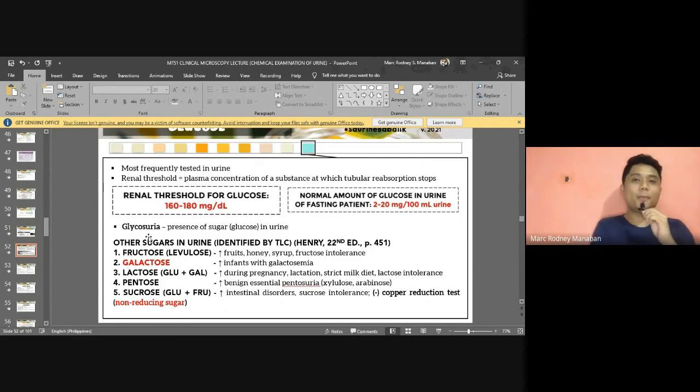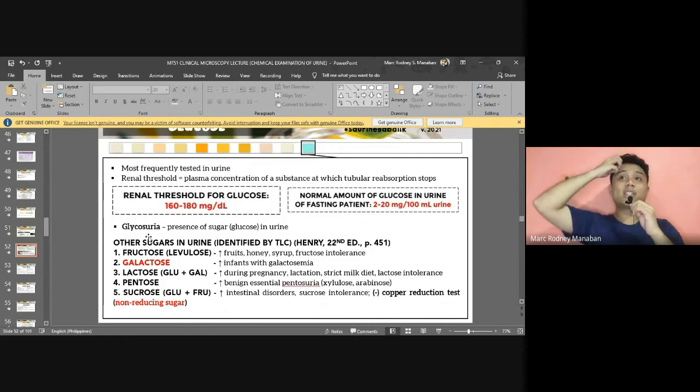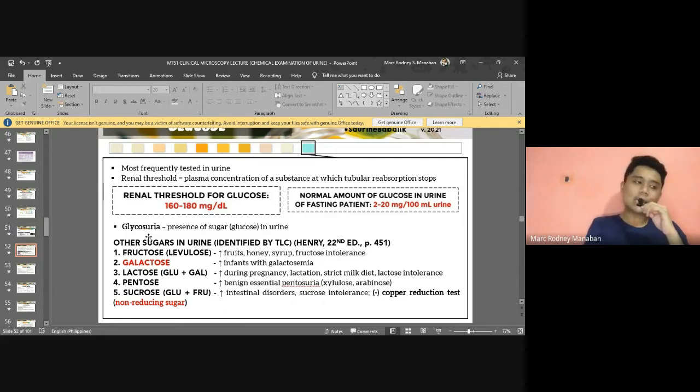So if it is detected early in the infant, at least the diet of the infant can be modified. And remember that milk is made up of lactose. So if the infant drinks milk, the galactose from the milk will not be metabolized properly, and the byproducts are toxic to the infant, which can lead to death.